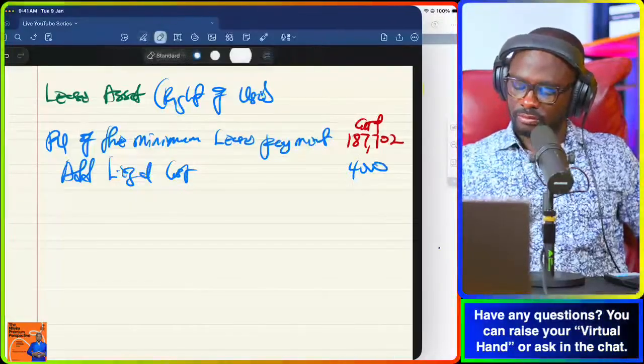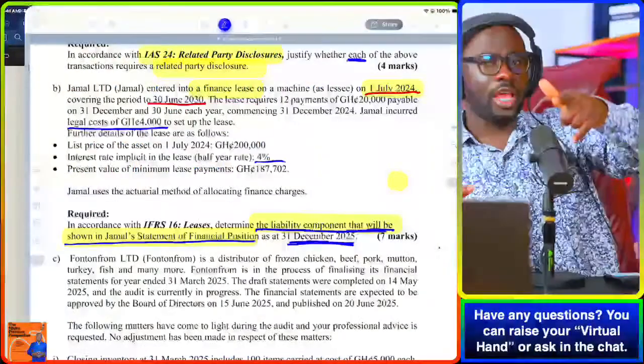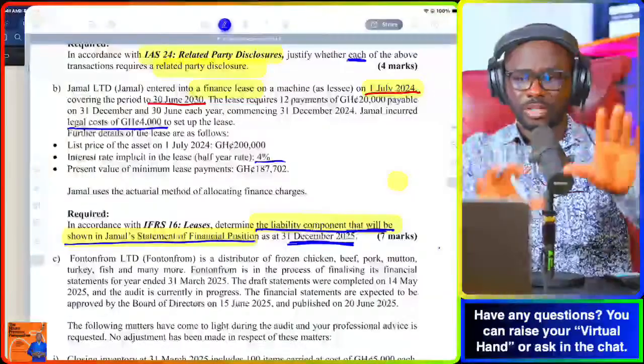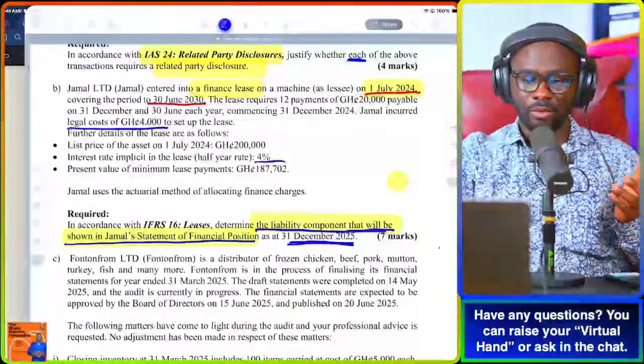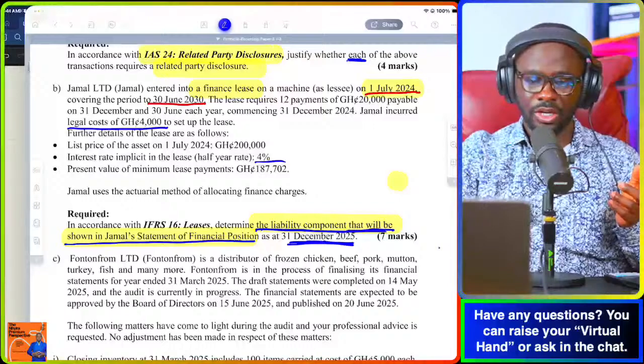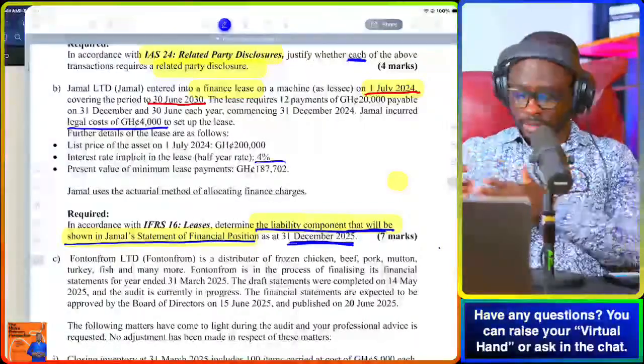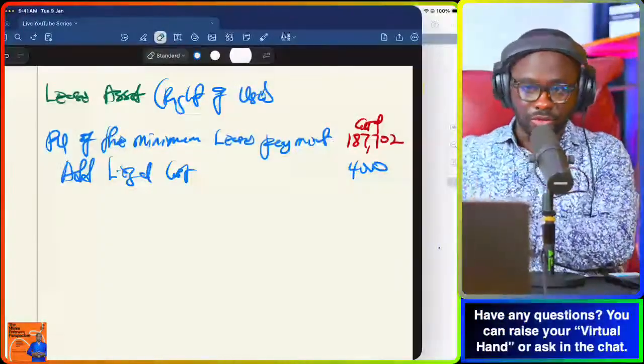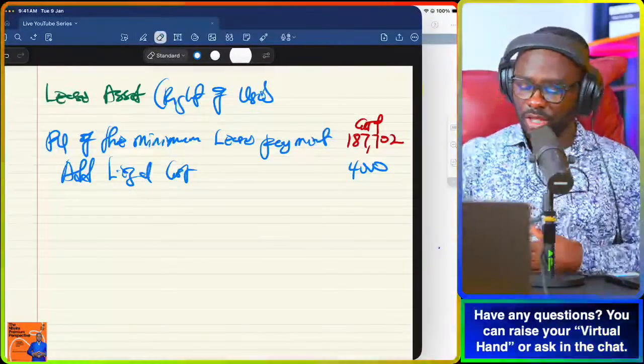If there was any reimbursement from the lessor in respect of that legal cost, then we would have taken that as a deduction. It will reduce the amount we are going to be including here.